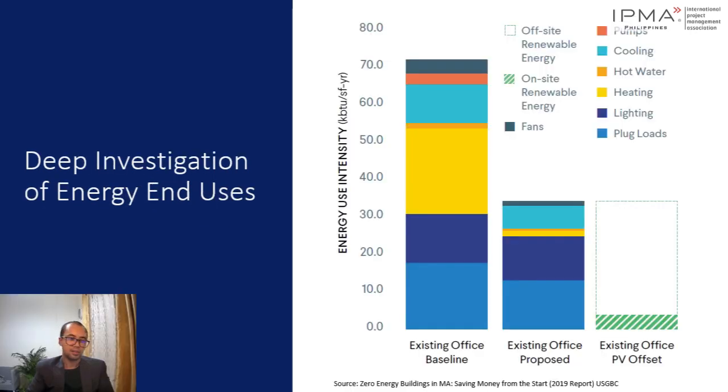Another theme for the net zero project is energy use intensity or the energy end uses. The project team has to identify what the energy end uses are, such as pumps, cooling, HVAC, heating loads, lighting loads, plug loads, and fans. The project team has to determine as well the base energy use intensity. EUI, or energy use intensity, is the amount of energy per area per year.